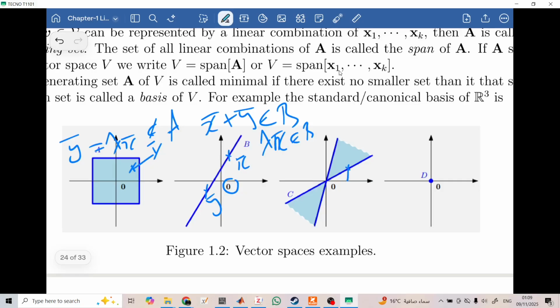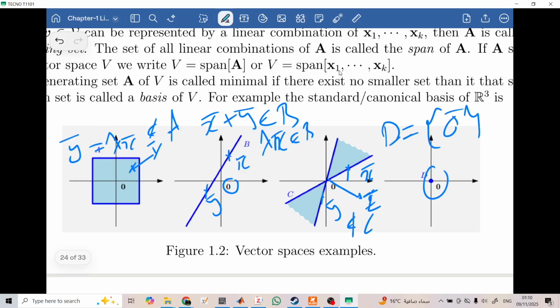No. Let's take this as x and this as y. x plus y will give you this point, and this point does not belong to C, so it's not a vector space in the first place, so it will not be a subspace, of course. D is just a single value, the all zero vector. If you add 0 with 0, it gives you 0, multiplied by anything it gives you 0, and it contains 0, so it is a subspace.